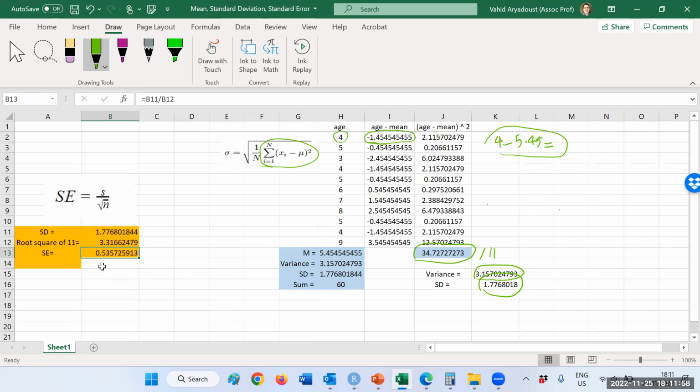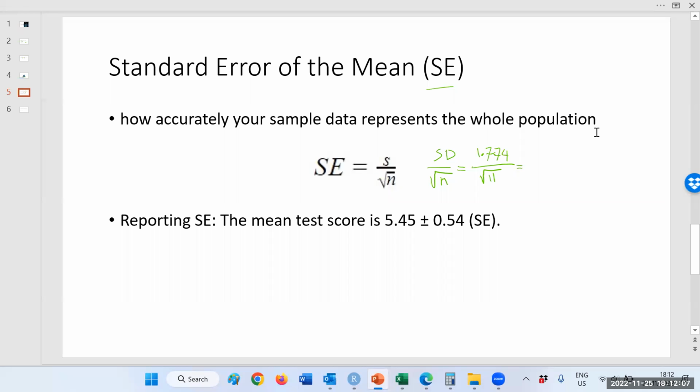And it gives us 0.535 or so. And I'm going to round it off to 0.54. So our standard error of the mean for our sample is 0.54, almost.